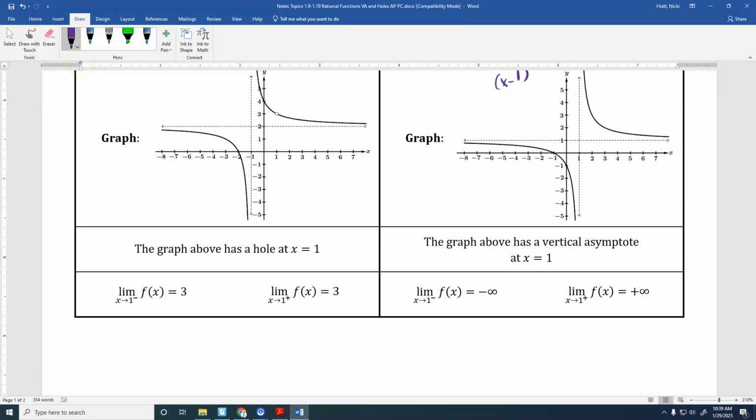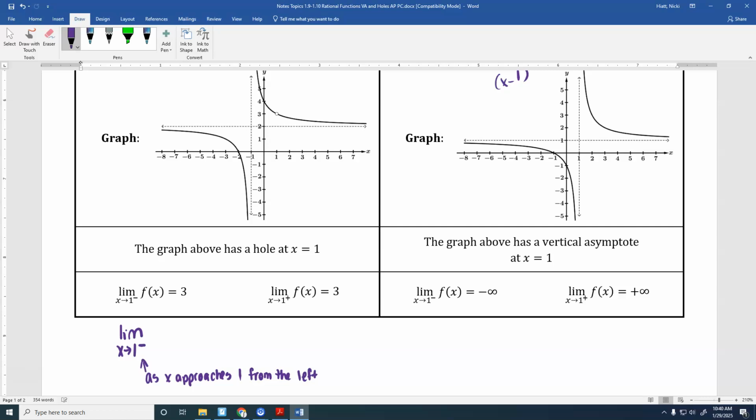When you see limit as x approaches 1 with a little negative behind the 1, that means x approaches 1 from the left. We call it a one-sided limit. You're only looking at the left side.